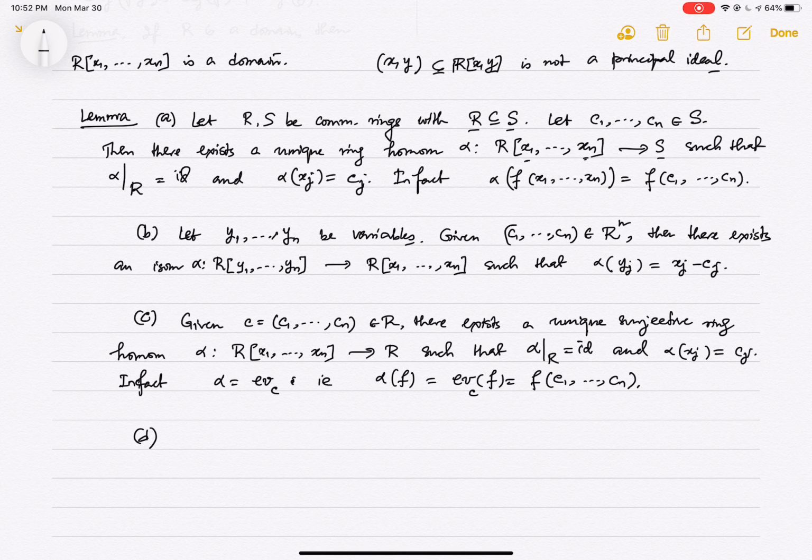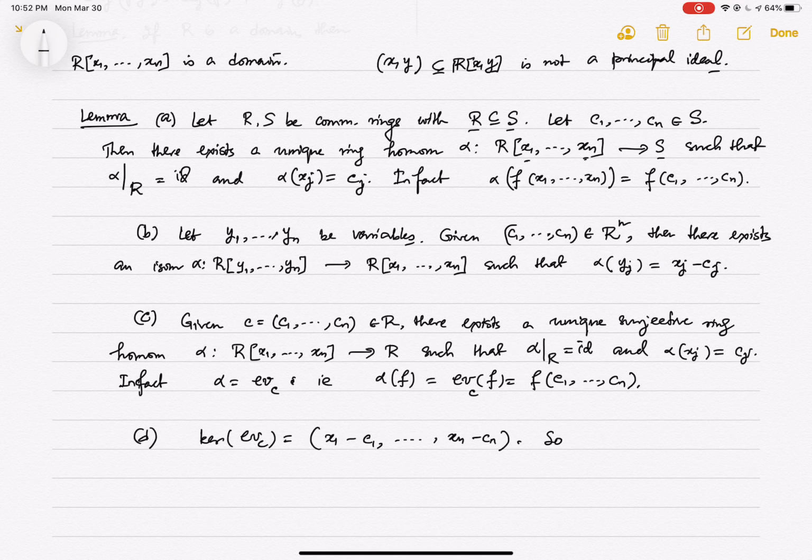And part D says that the kernel of this evaluation homomorphism is the ideal generated by x1 minus c1, ..., xn minus cn, these linear polynomials.